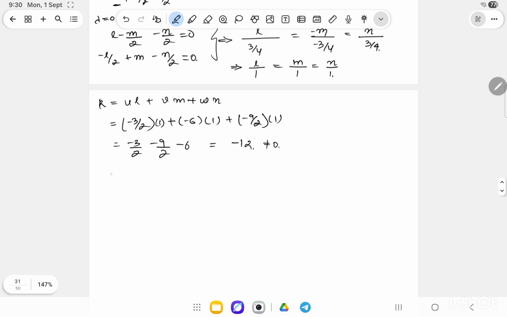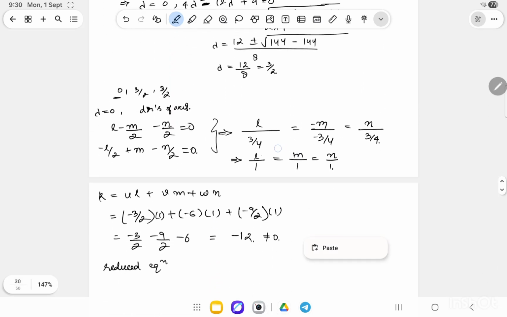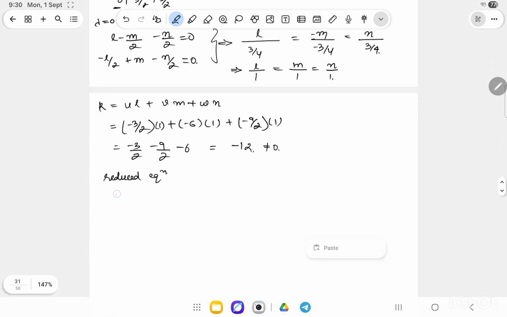So my reduced equation is 3 by 2 x square plus 3 by 2 y square minus 2k z, that is 12 into 2z, equals 0.